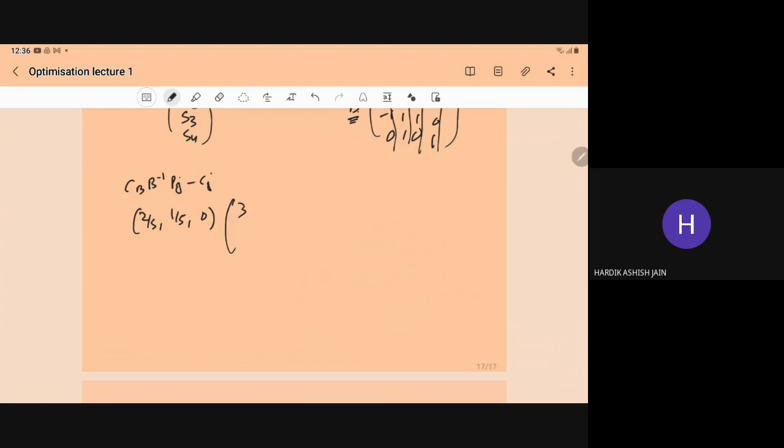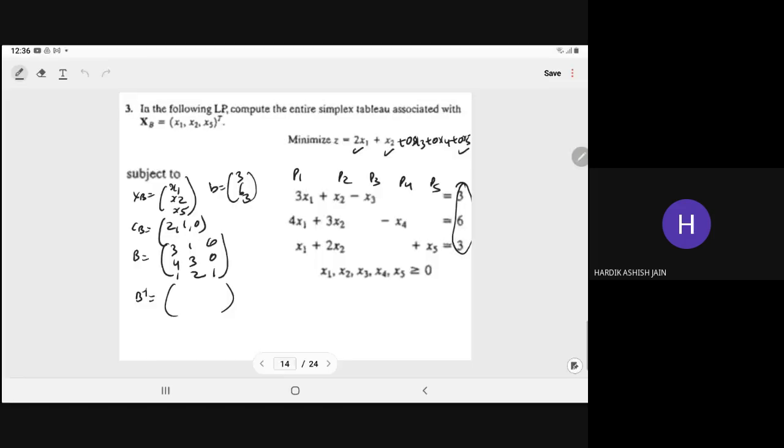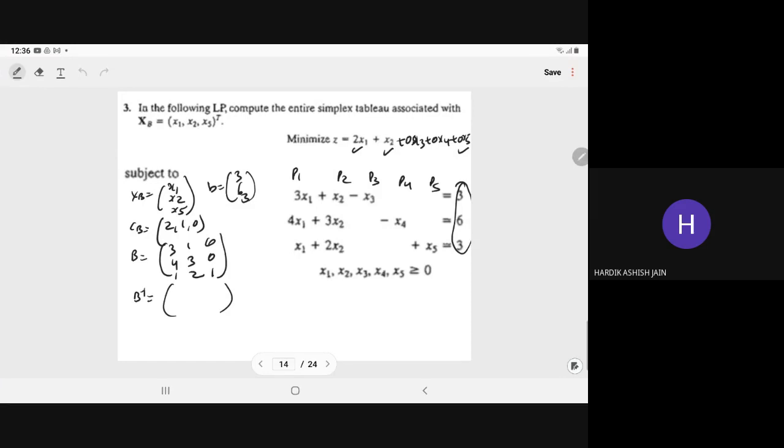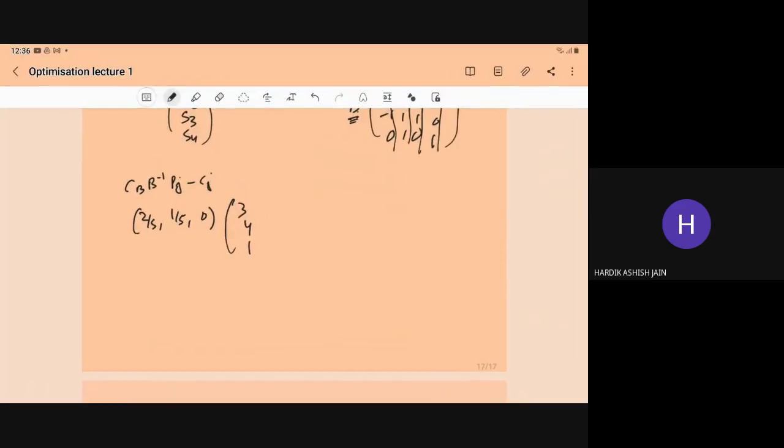Then we have P2, 1 3 2. P3 is minus 1 0 0. P4 is 0 minus 1 0 and P5 is 0 0 1.